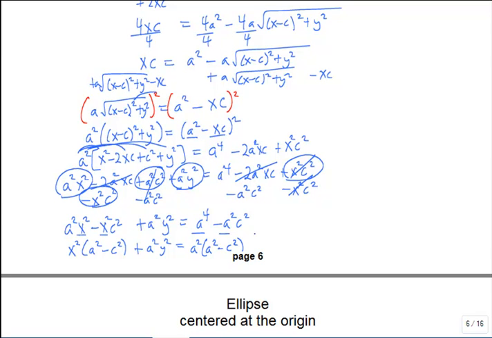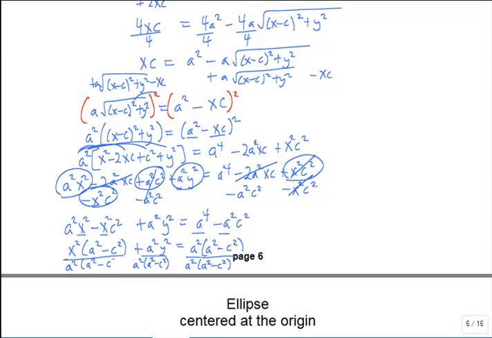And now what I'm going to do is divide through by both of these factors on the right-hand side. So I'm going to divide through by a squared and this a squared minus c squared, and I need to do that to both of these terms on the left side. So we're dividing by both.